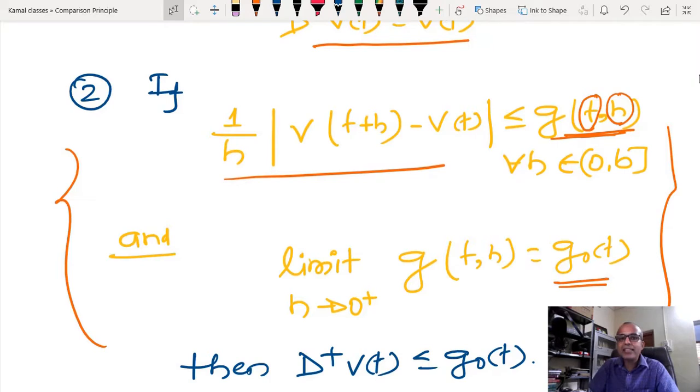Okay, as h tends towards 0, the distance between these two sequences is going to decrease, so that is bounded by this, and this sequence has a limit. So the maximum value of this is always bounded, and this is true for all h between 0 and b. For that reason, whatever the accumulation point of this, or whatever the limit supremum of this, that should be less than this, and that is why this kind of relation comes into the picture.